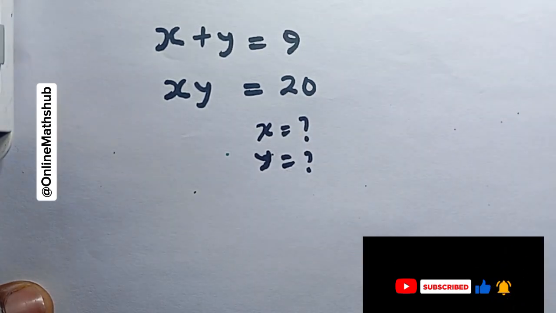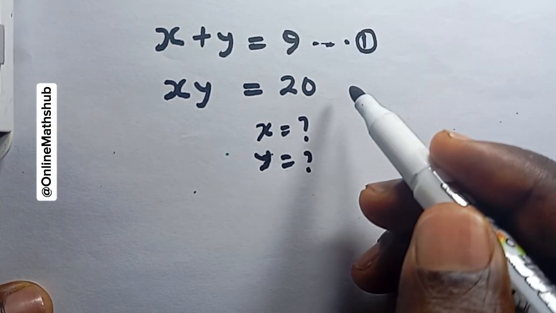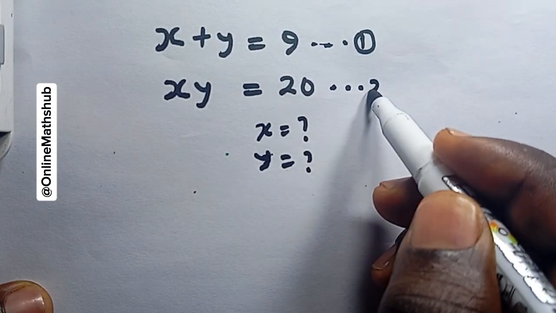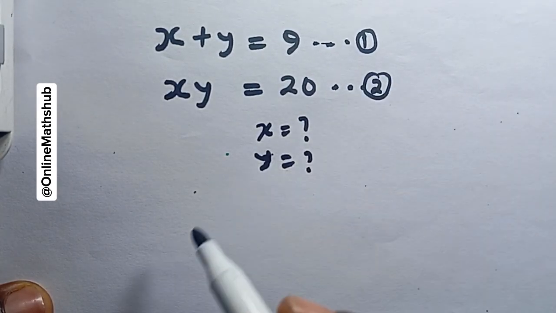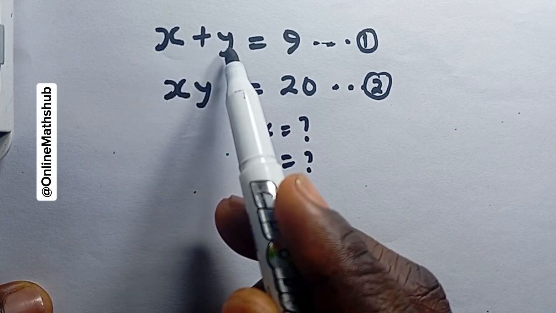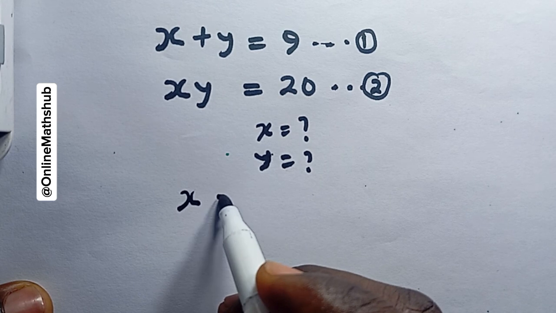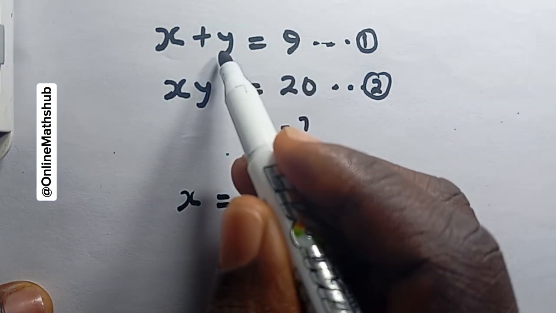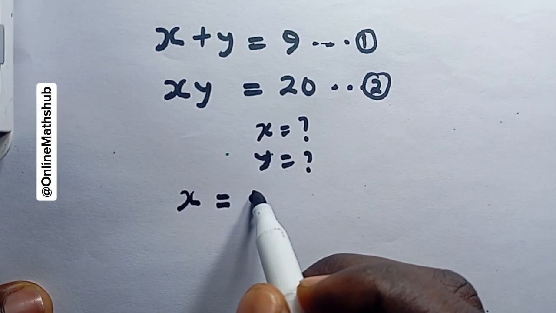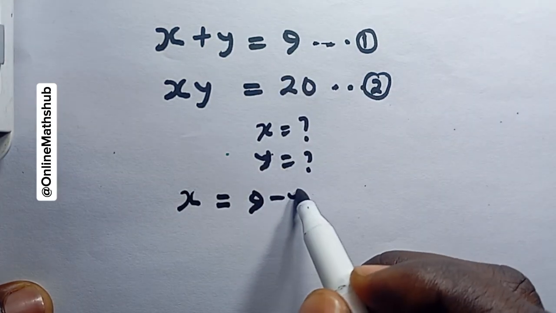Okay, so moving on, if I name this equation 1 and then name this equation 2, what I'm going to do is just to make x the subject in equation 1. So if I do that, x will be equal to, I'll just push y to the right hand side, so this will be 9 minus y.